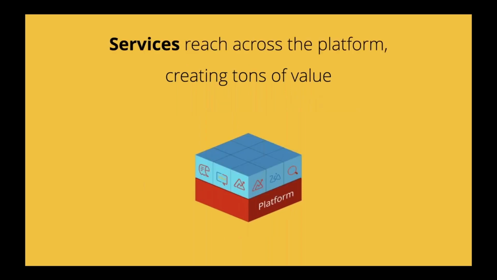So the next part of Zoho One, the next layer that's important to understand, are the services. The services layer is really where you're going to see a lot of value created for your organization.